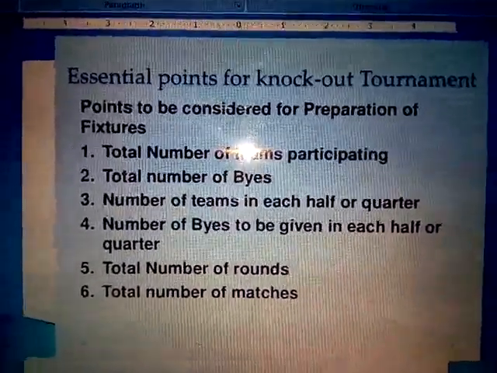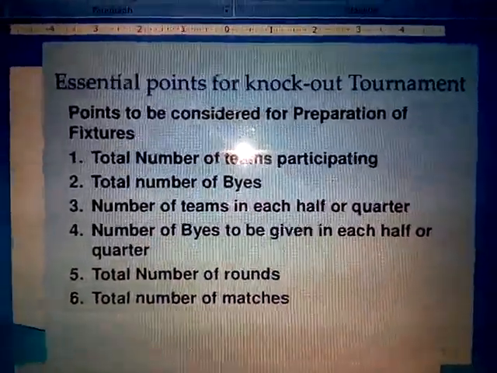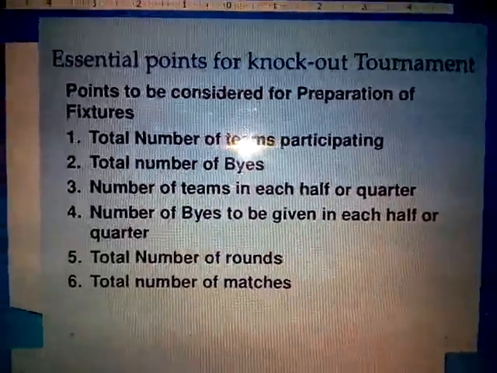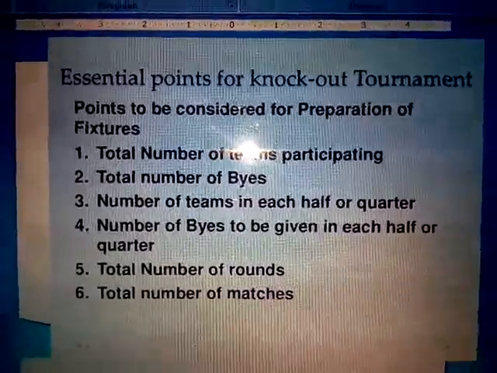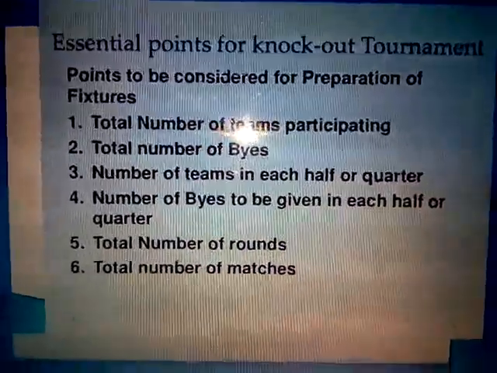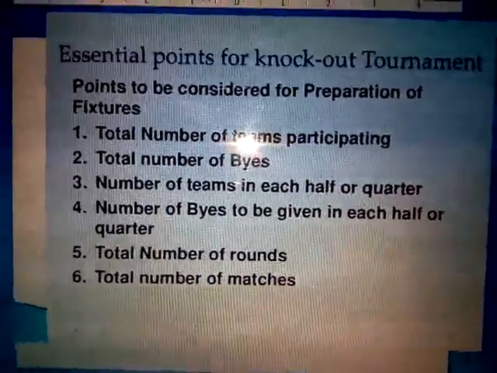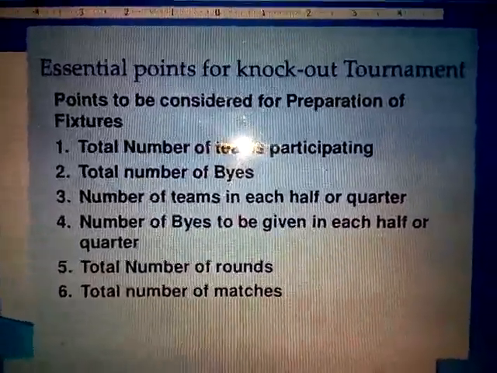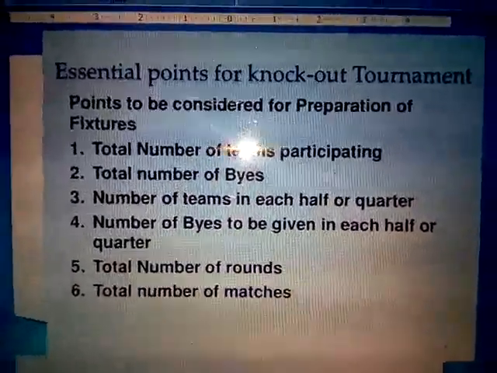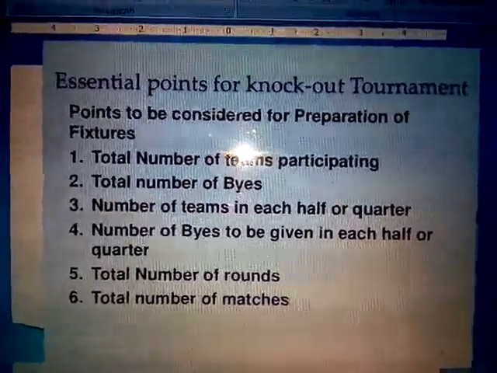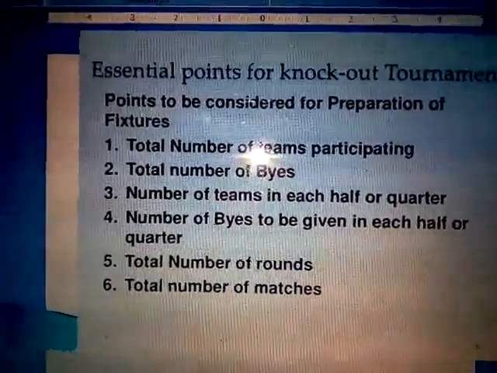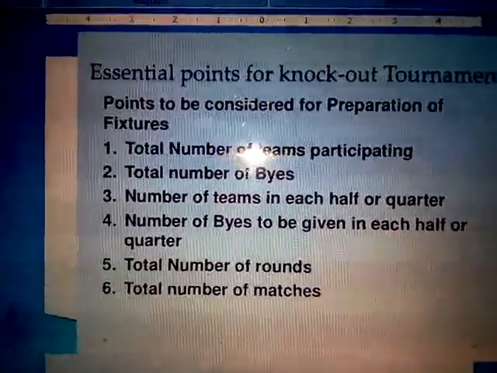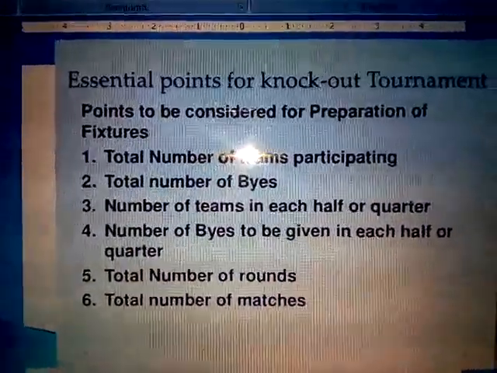If we are not able to know the number of teams, we are not able to draw the fixtures of any tournament. So the first most important point is to know the number of participating teams. Unless we know the exact number of participating teams, we are not able to draw the fixtures for any tournament and competition.